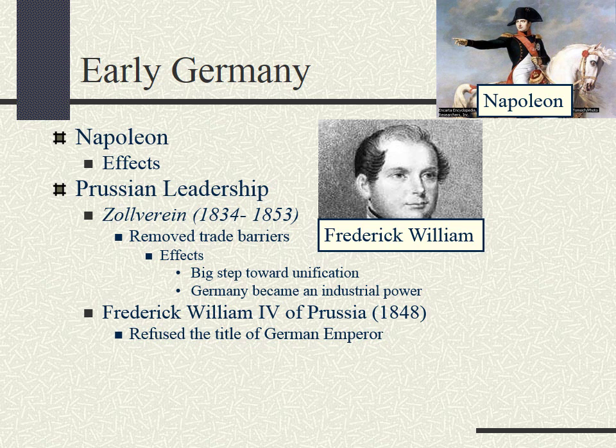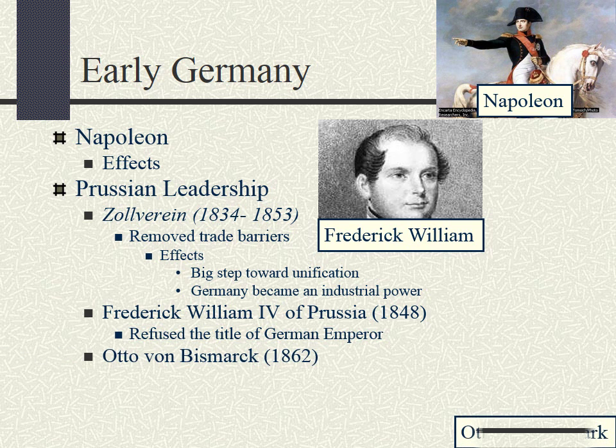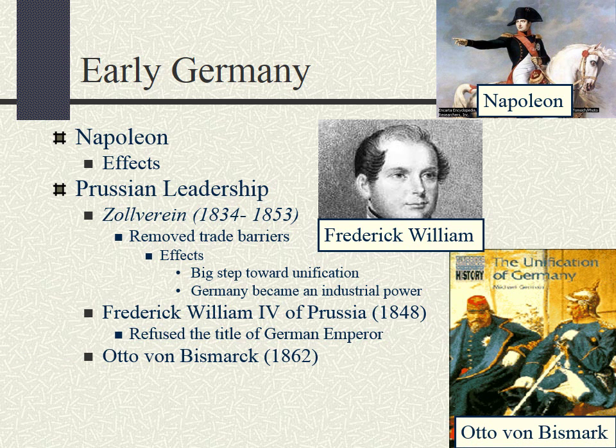So he refuses the crown, and this now keeps Germany as separate provinces until the appointment of Otto von Bismarck in 1862. And Bismarck is appointed German Chancellor, and he is an extreme loyalist to Wilhelm I, the King of Prussia.